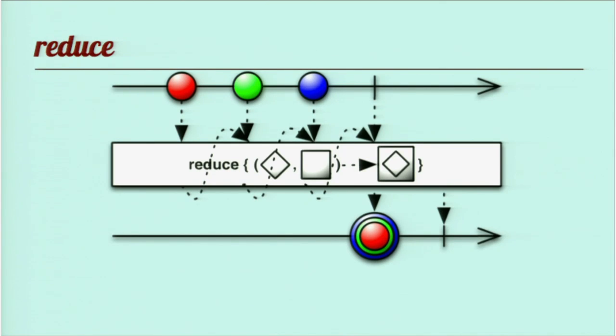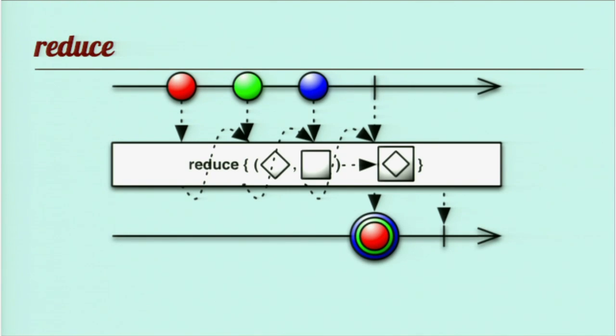When the next element comes in, it will take the result of the previous computation and apply this reduce function to the both of them. So at the start, the previous result was 0. So we have a new number that comes in, 0 plus 1 equals 1. Then a new number that comes in, let's say it's 2. 2 plus the previous result, 1 gives you 3, and so on. And at the end, once the input completes, you emit the final result.